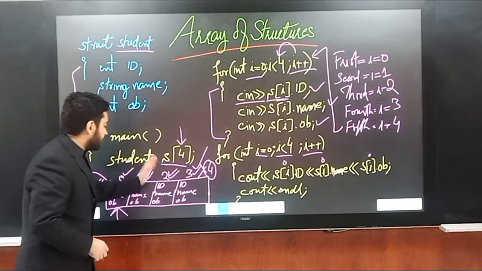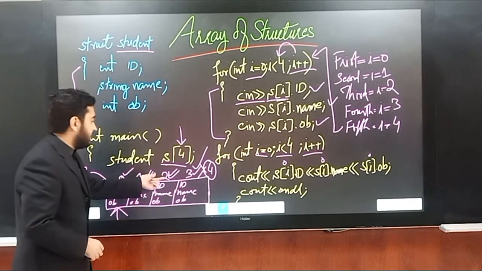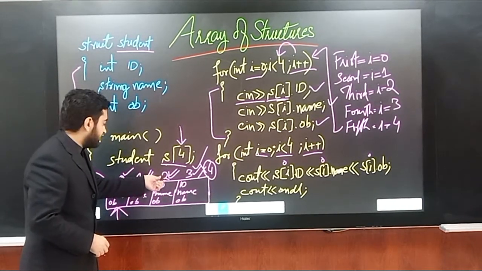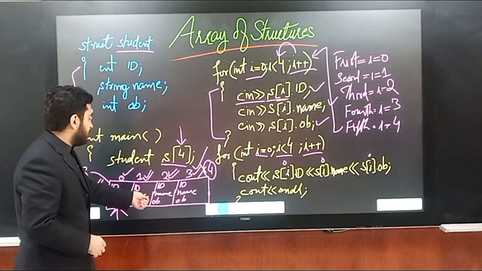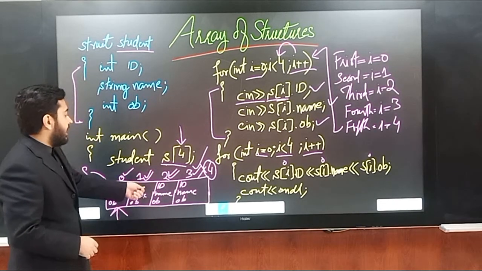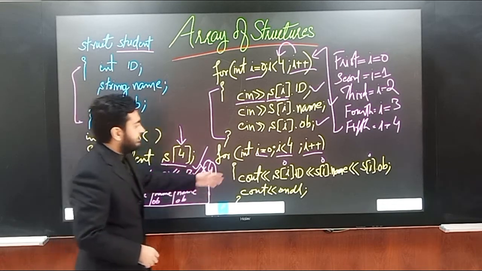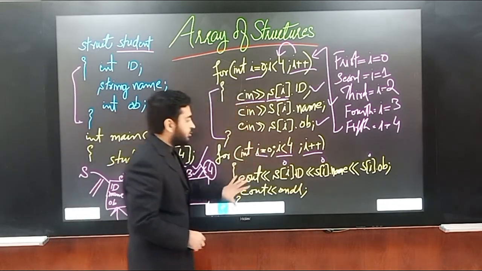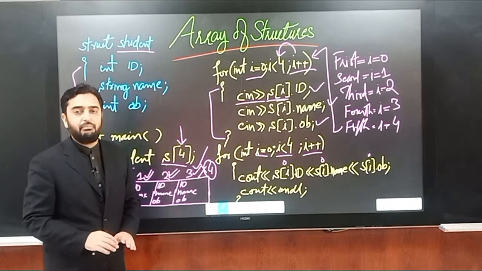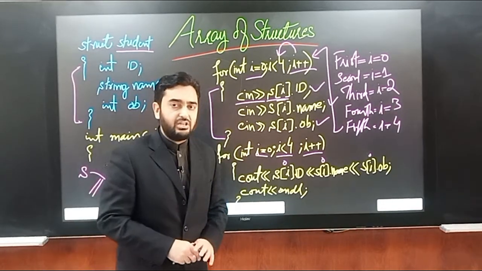Similarly, in the third iteration we will print the variables on index number 2, and in the fourth iteration the variables on index number 3. In the fifth iteration this loop will be terminated and all the values will be printed on the console screen.